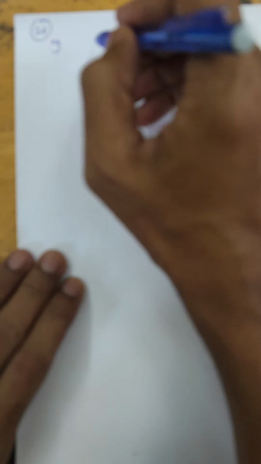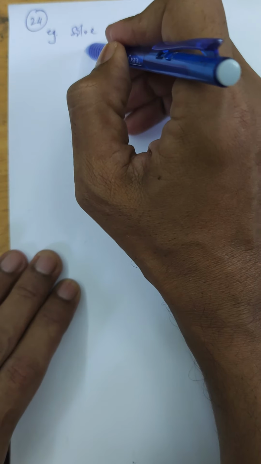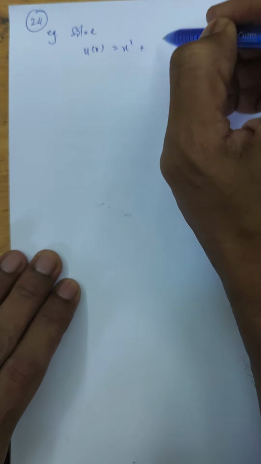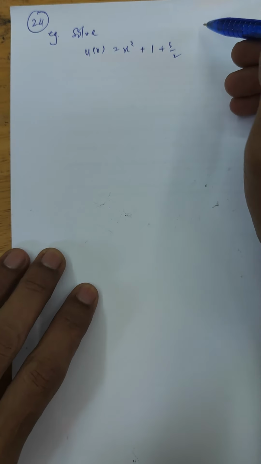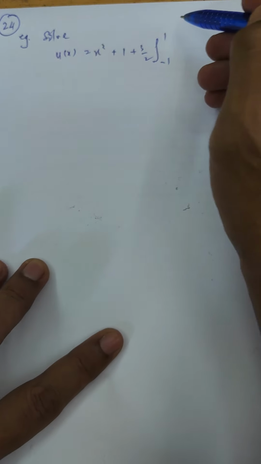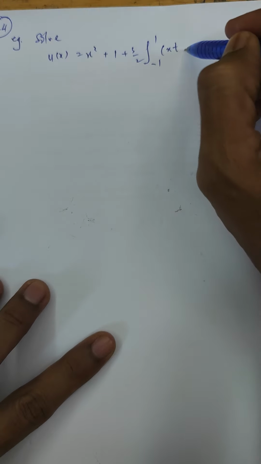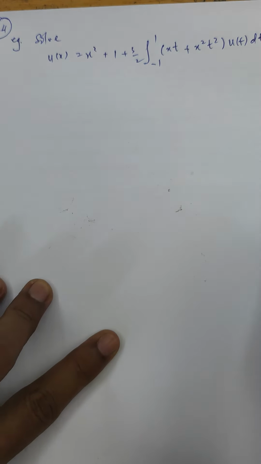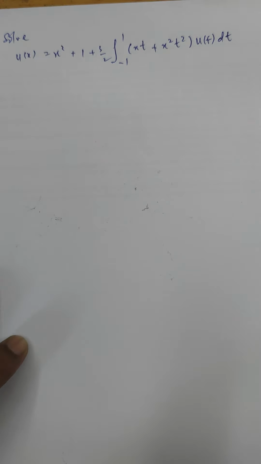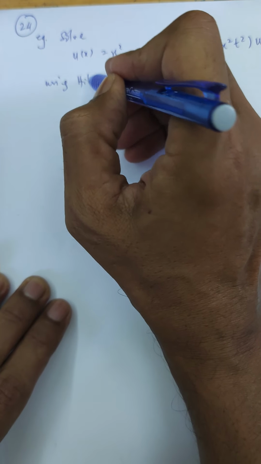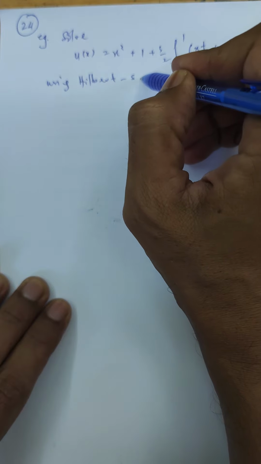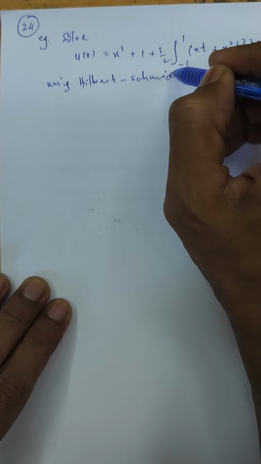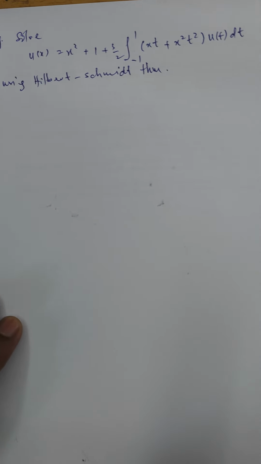We have a symmetric integral equation: solve u(x) = x squared plus 1 plus 3/2 integral from -1 to 1 of (xt + x squared t squared) u(t) dt, using Hilbert-Schmidt's theorem. Okay, so that's the equation.